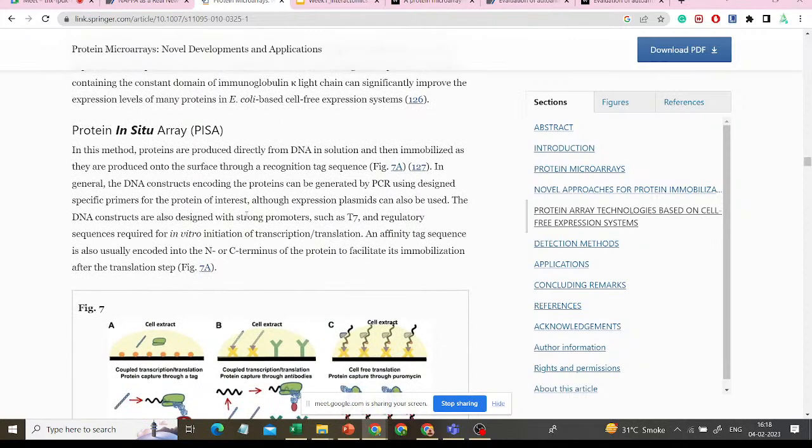Like this is the protein in situ array, which I think you have heard of in the lecture.